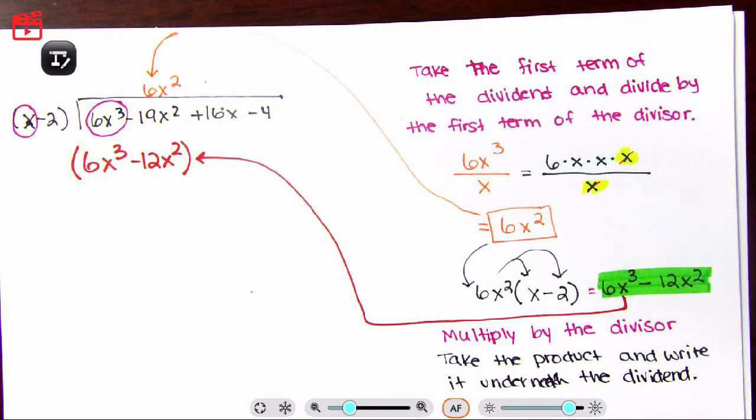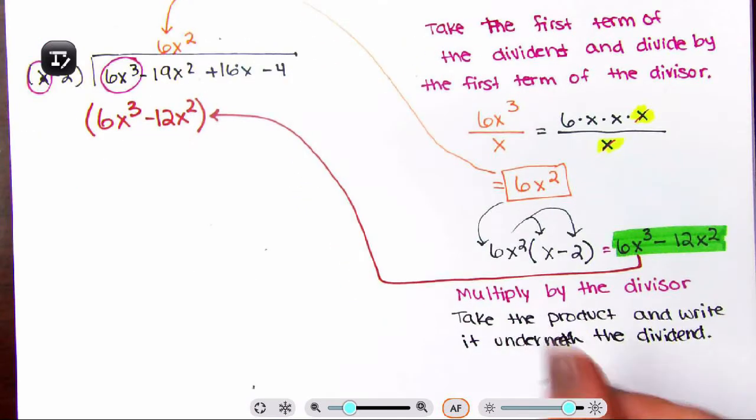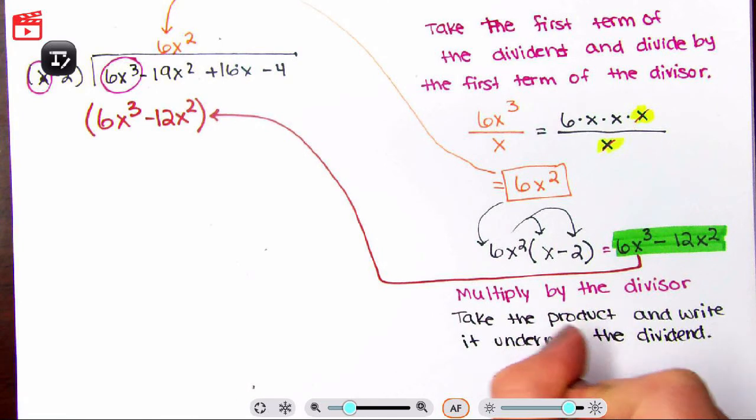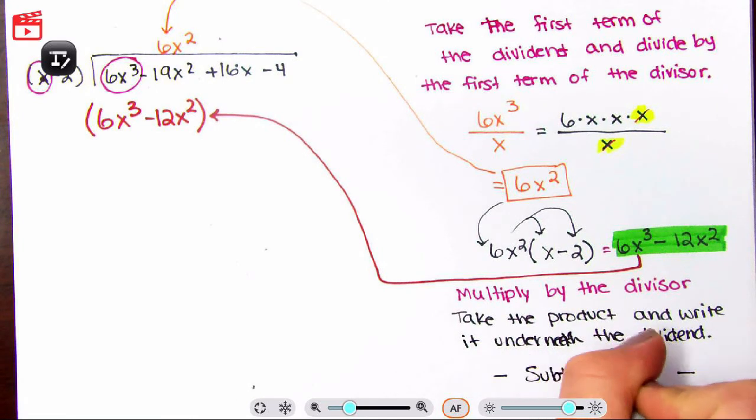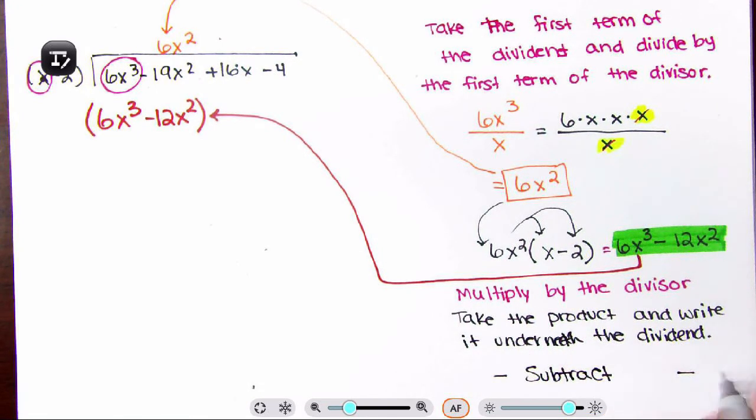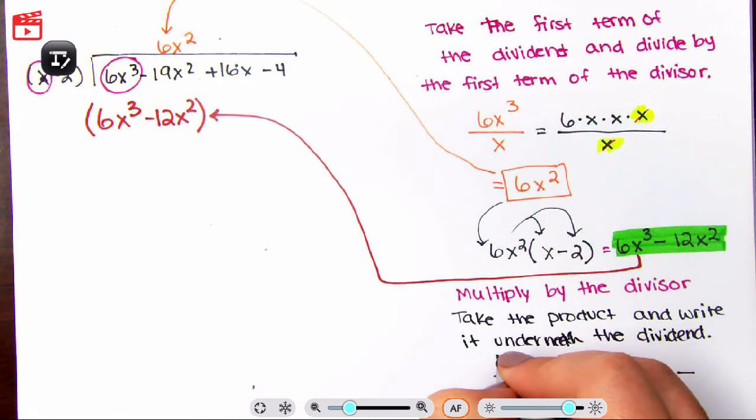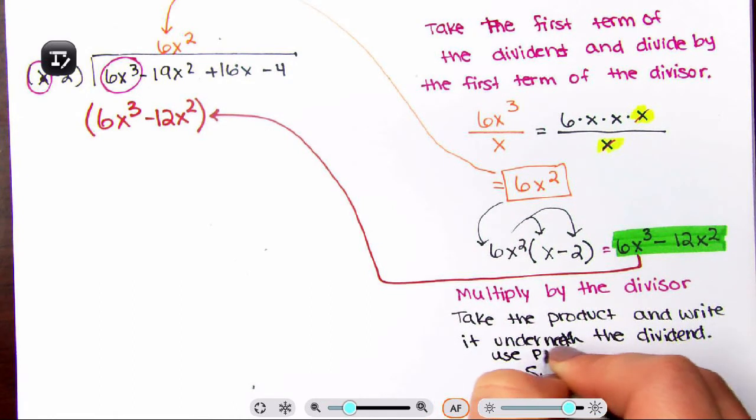Okay, you're going to take the product and write it under the dividend. Here's what you need to do next: subtract. And when you write it underneath the dividend, use parentheses.